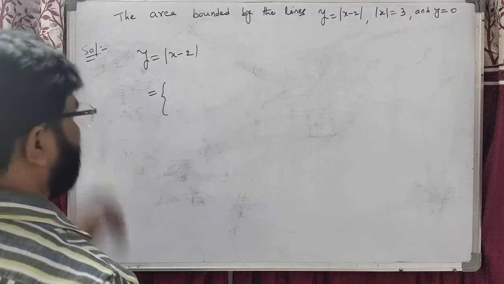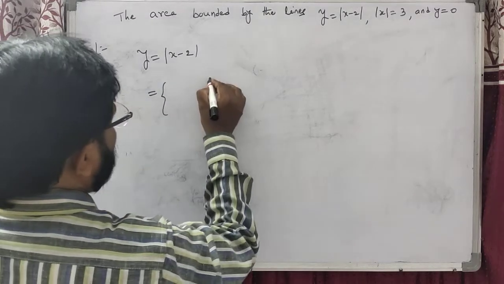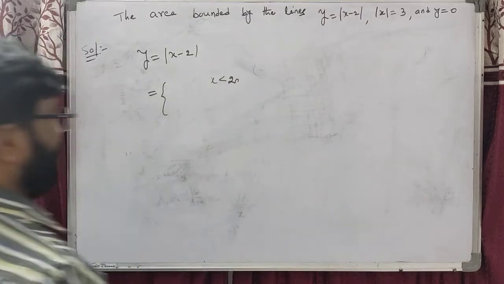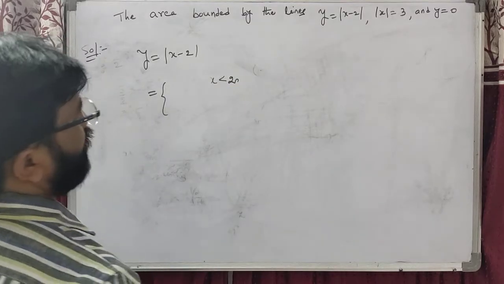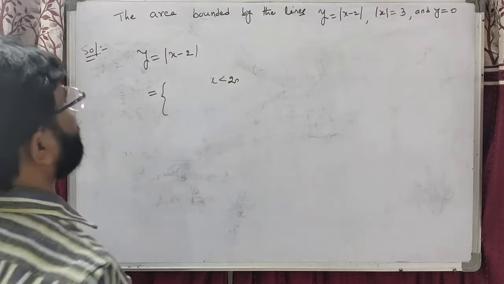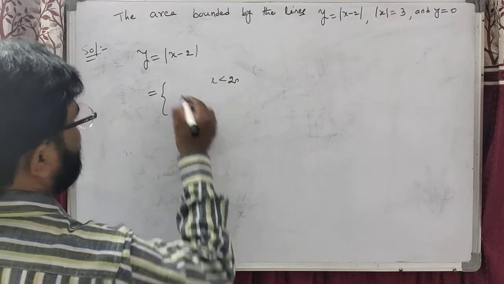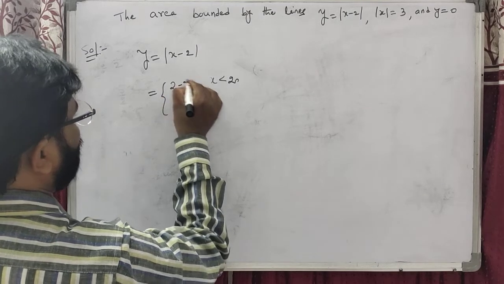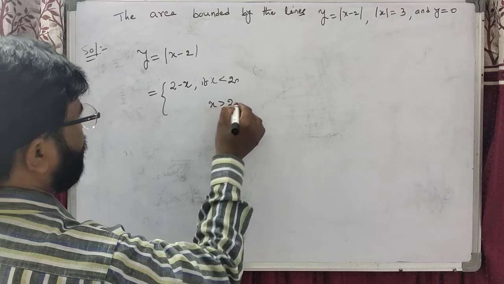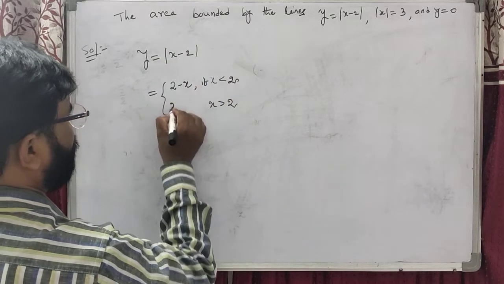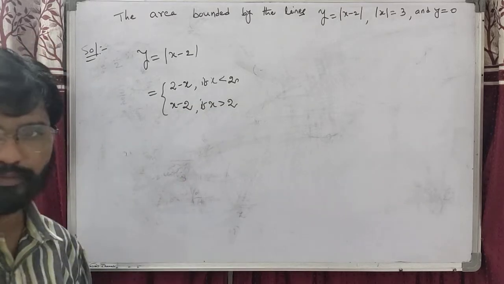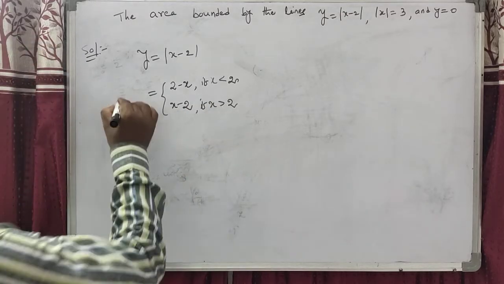We have to know that when x is less than 2, undoubtedly if you take 0, that is negative. Therefore, we can write 2 minus x. Okay, students, when x is greater than 2, it is always positive. 3 minus 2 is positive. That is x minus 2. Okay, students, this is the y.